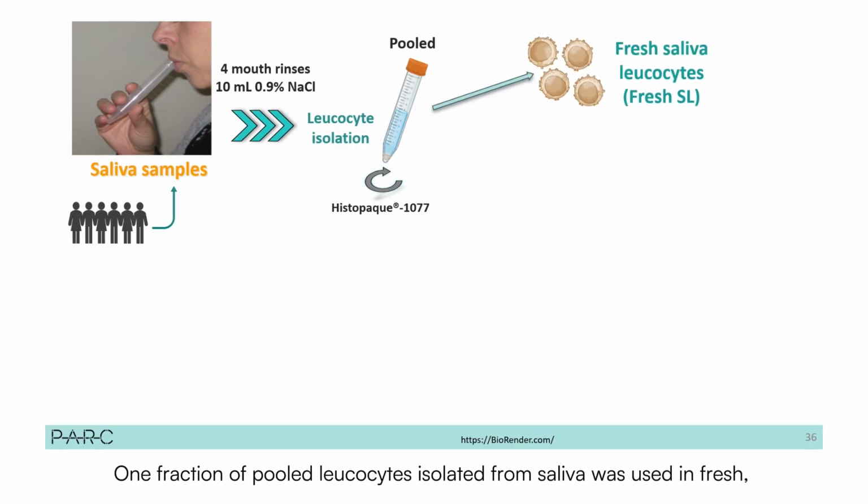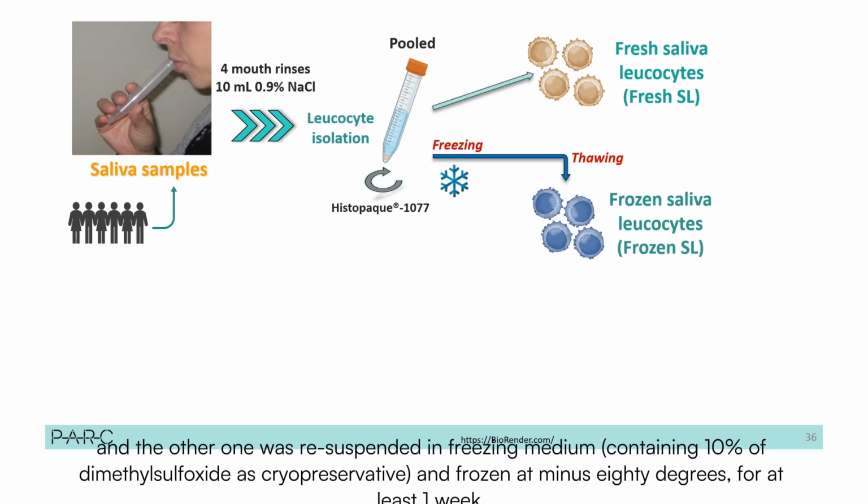One fraction of pooled leukocytes isolated from saliva was used fresh, and the other one was resuspended in freezing medium, containing 10% of dimethyl sulfoxide as cryopreservative, and frozen at -80 degrees for at least 1 week.